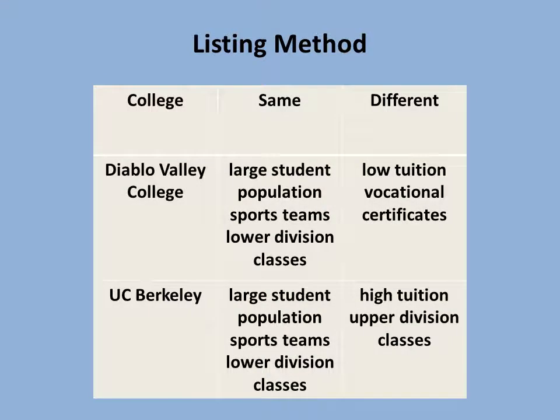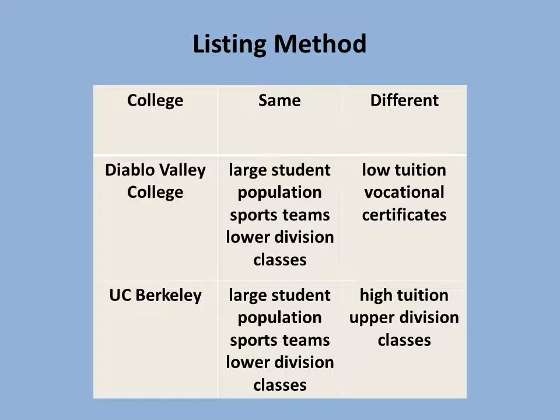One common method is the listing method, where you simply just list what is the same and what is different. We're going to compare Diablo Valley College and UC Berkeley and then contrast them. In the same column, they both have a large student population. They both have sports teams, and they both offer lower division classes. I have a separate column for what's different.